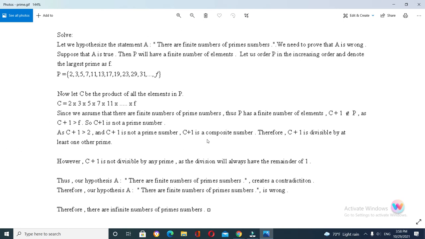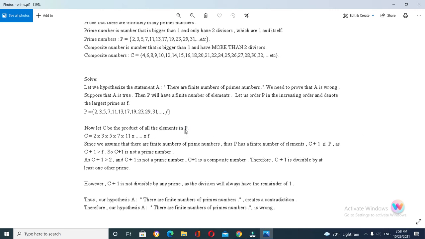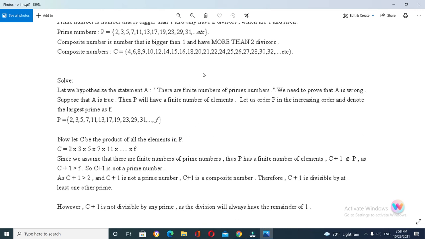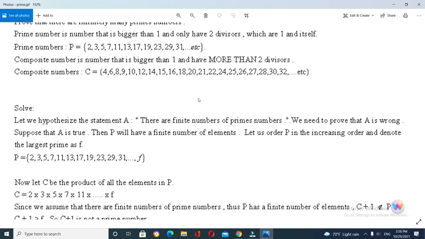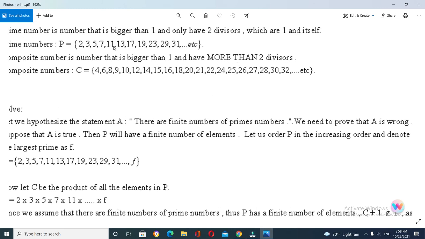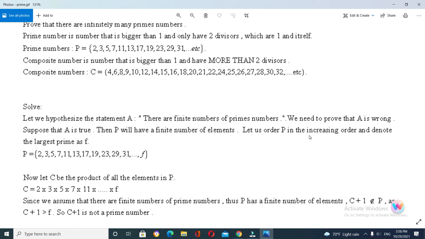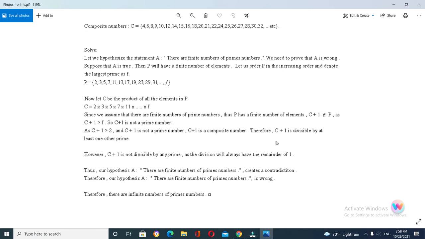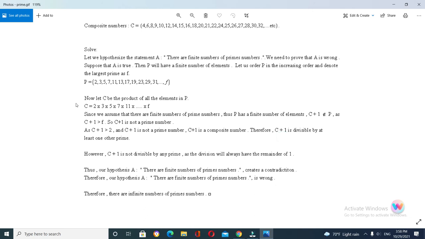Well, this is really true, because any composite number is going to be divisible by at least one other prime. For example, 24 is divisible by 2 and 3, 28 is going to be divisible by 2 and 7. Okay, so C plus 1 will be divisible by at least another prime.